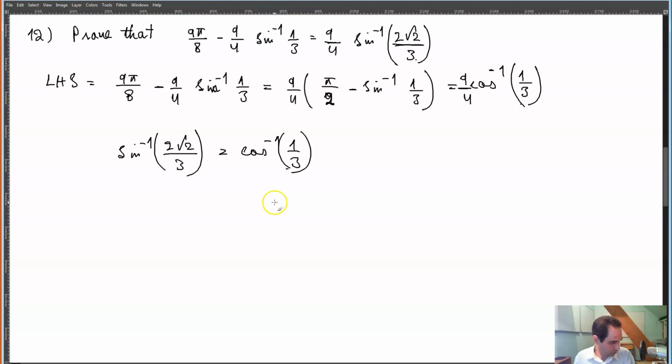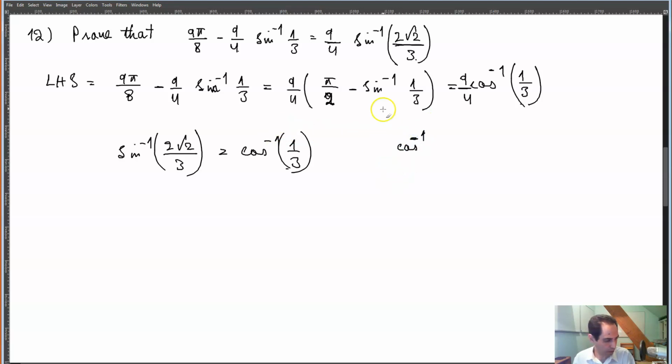It seems that we had the cos inverse of A by B is equal to the sine inverse of, we didn't have this formula actually, but it seems that it does exist.